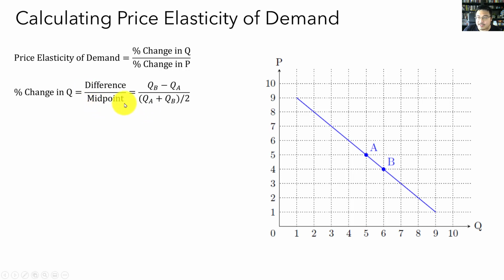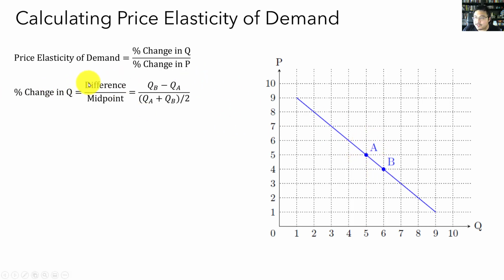The reason for that is that way the percent change doesn't depend on whether we think of point A as the initial value or point B as the initial value. Otherwise, the percent change is going to be different depending on whether we start at point A or we start at point B. So instead of having to make any assumptions about which one is the starting point, we just take the midpoint instead.